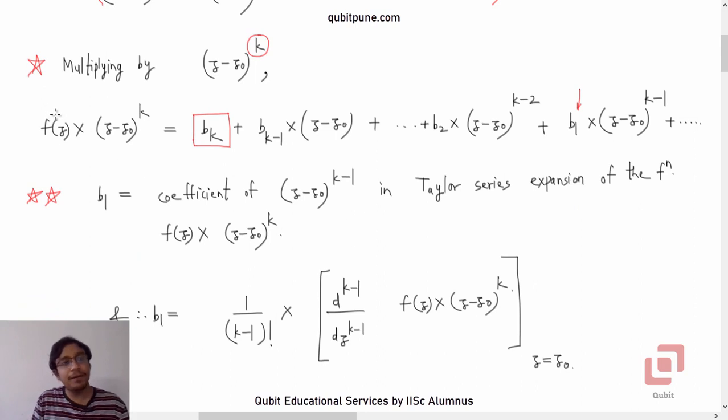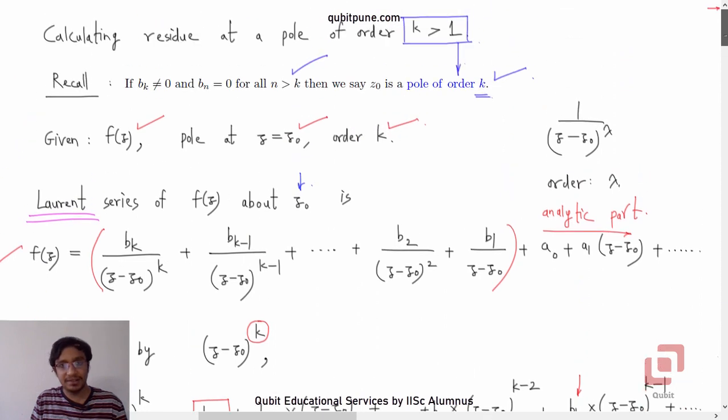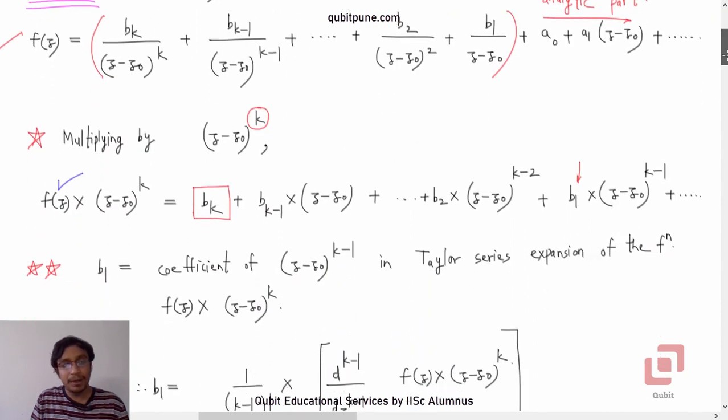But what we now consider is this: although the function f of z has an isolated singularity at z naught, a pole of order k, when we multiply f of z by (z minus z naught) to the power k, we are actually cancelling that particular power in the denominator, isn't it?